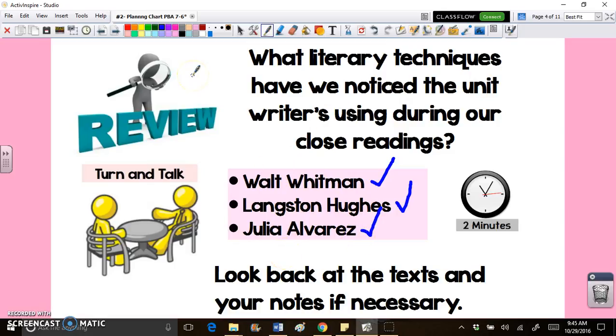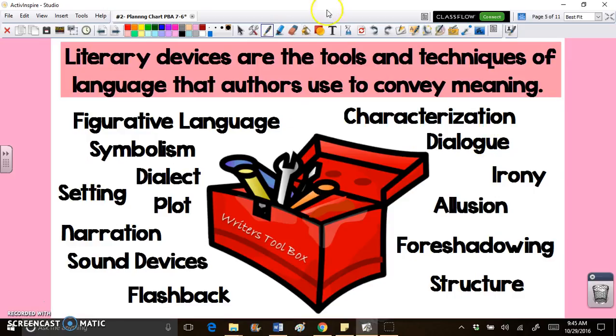What techniques do we know for a fact these writers have used? All right, so if I think about the writer's toolbox, and I use that as my guide, I know that the authors have used figurative language. I know that Langston used dialect. I know that there are sound devices being used in these poems, like assonance and consonance.